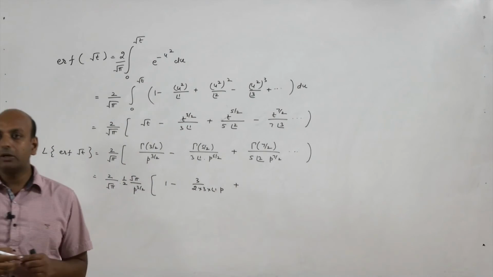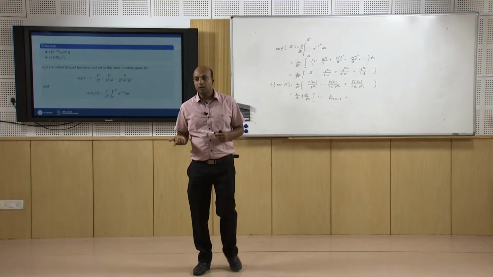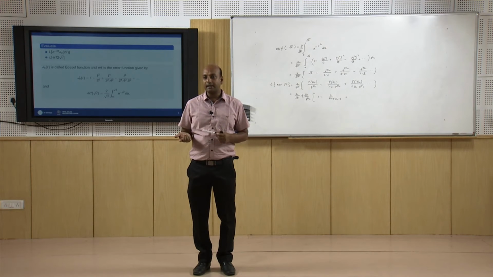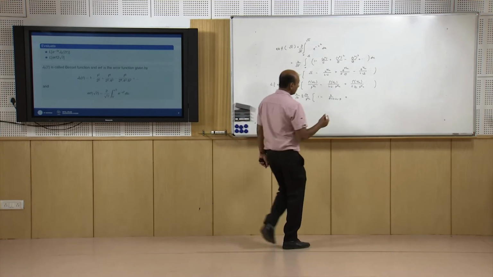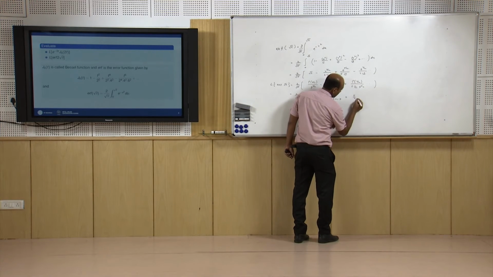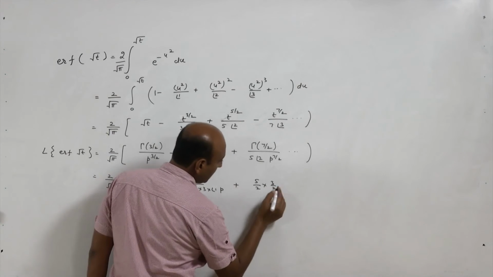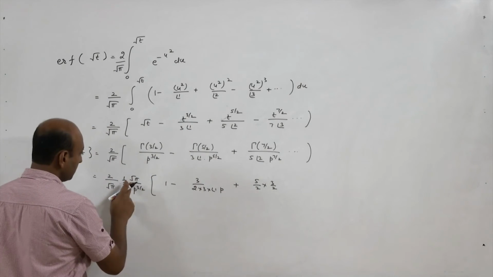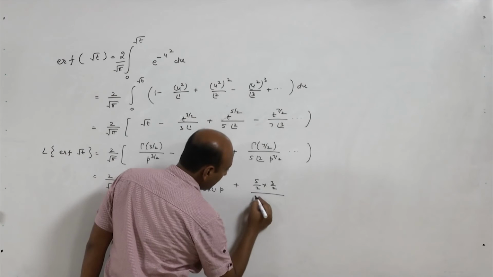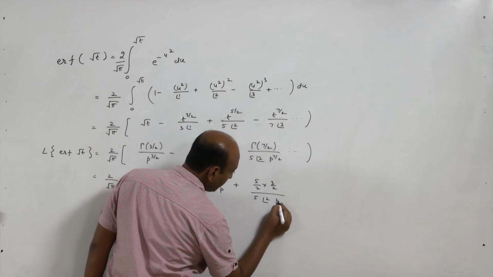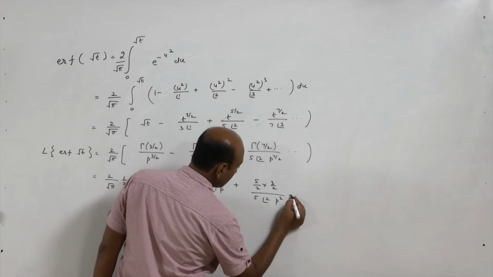Now, gamma 7 by 2 is 5 by 2 gamma 5 by 2, and gamma 5 by 2 can again be written as 3 by 2 gamma 3 by 2. So, it is nothing but 5 by 2 into 3 by 2 gamma 3 by 2, which is common, upon 5 into factorial 2 p to the power 2, and so on.